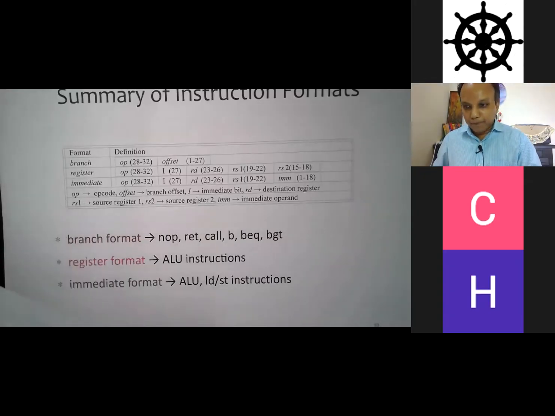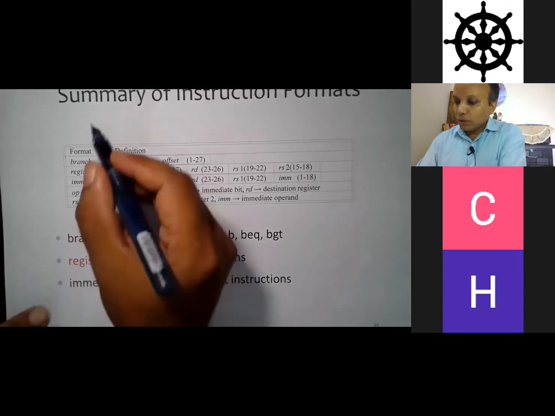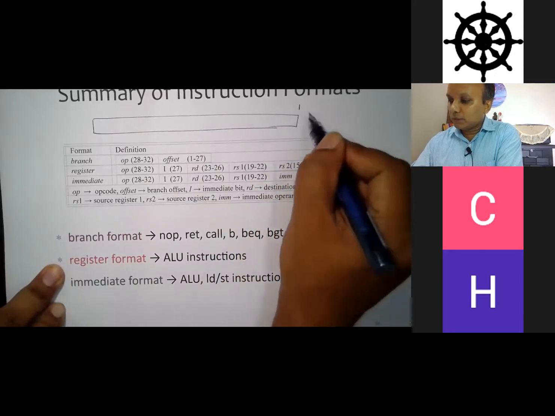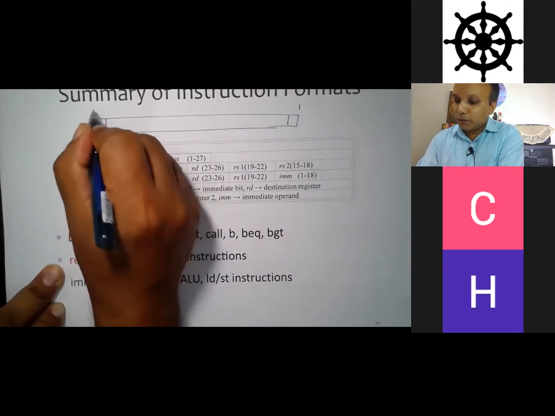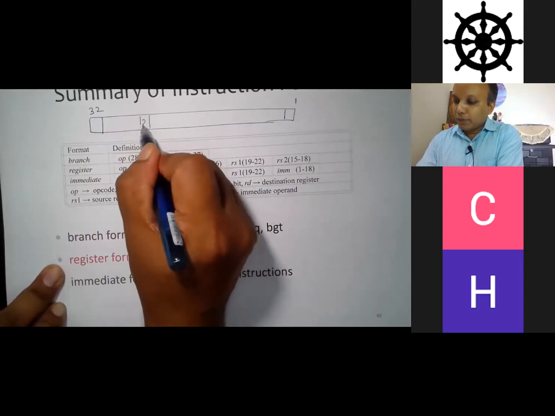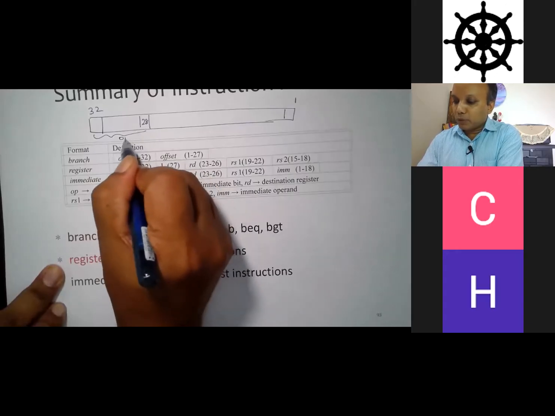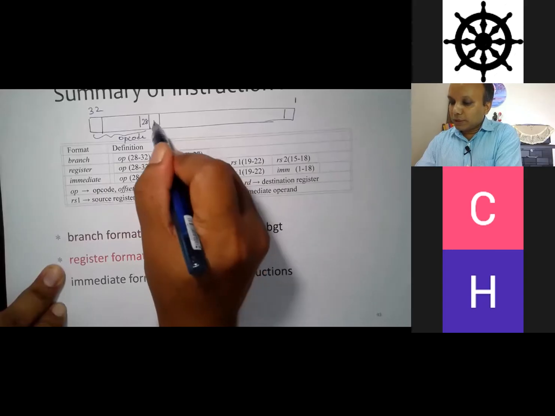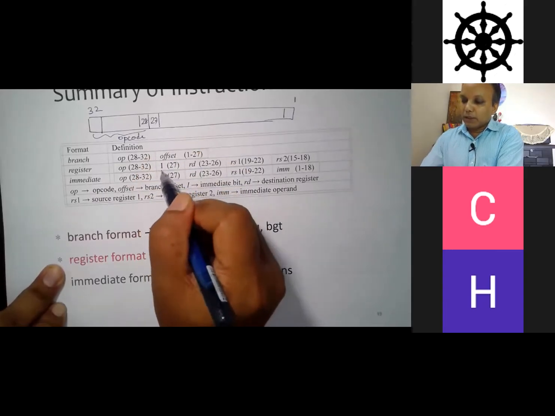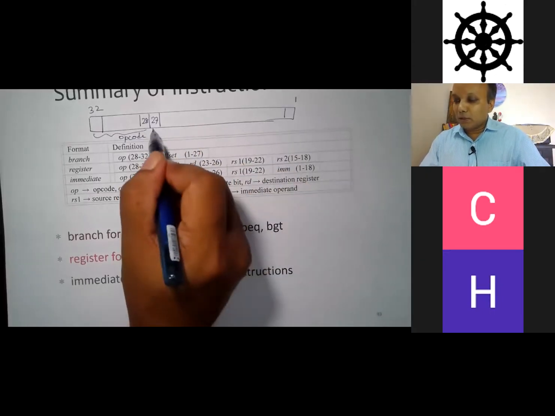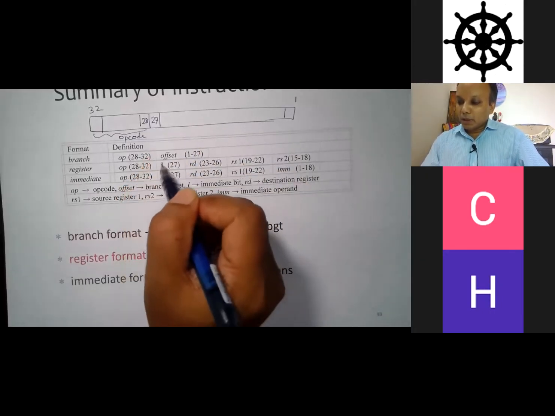Sir, what is this 28, 32 written in the brackets? So you remember that we have 32 bits, right? So let's say this is bit number 1 and this is bit number 32. So 32 to 28, these 5 bits are reserved for my opcode. Then there is this 27th bit, which is basically I. If there is an immediate operand, then it will be denoted by I. I will be 1.